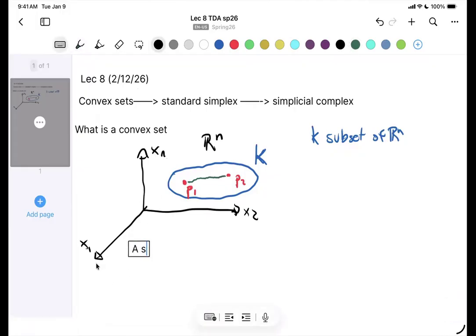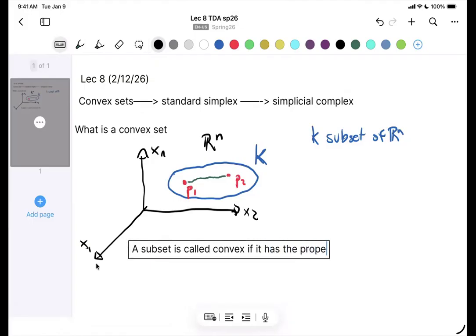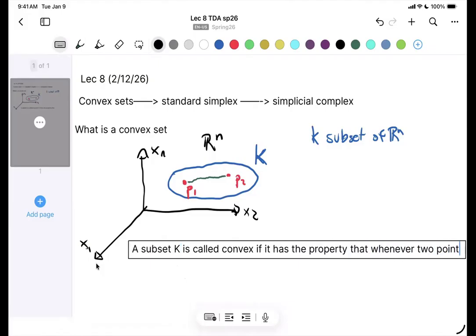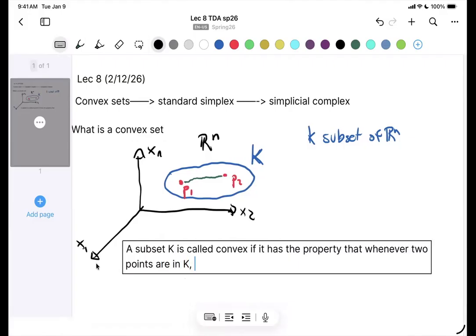So a subset K is called convex if it has the property that whenever 2 points are in K, the line segment connecting them also belongs to K.